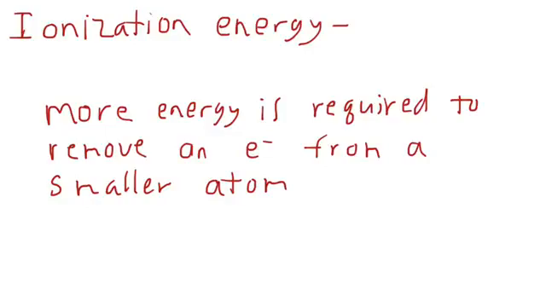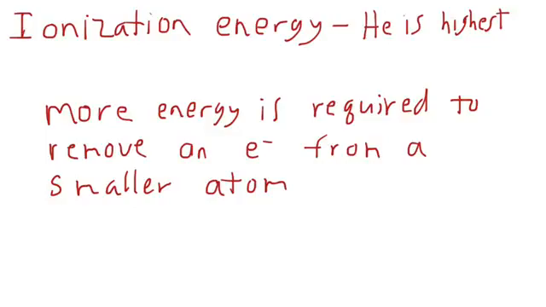So think to yourself, which element on the whole periodic table would have the highest ionization energy because it's the smallest atom? So I told you to remember the smallest atom was helium. So helium would have the highest ionization energy. Because its electrons are closest to the nucleus, it would take the most energy to remove one.